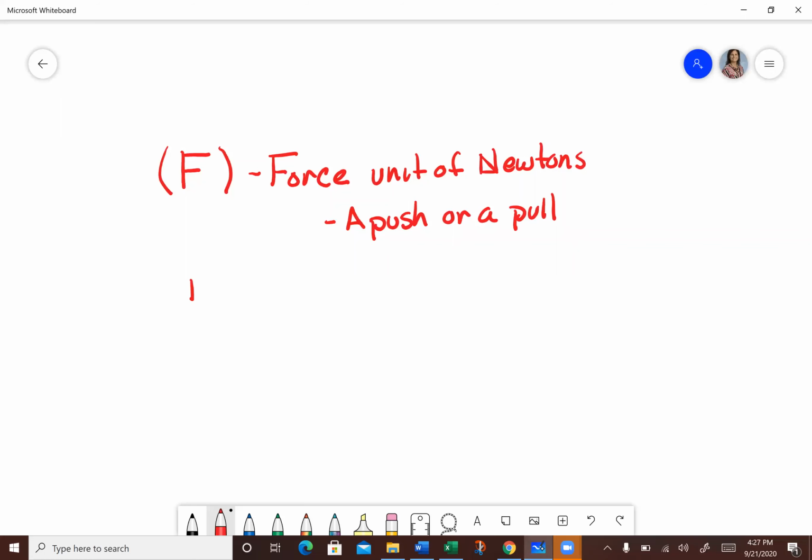Lowercase m is mass. And actually, I want to add up here to your force, it's a vector quantity. So I'll explain that after we're done with our variables.